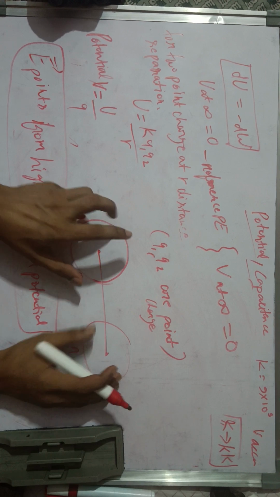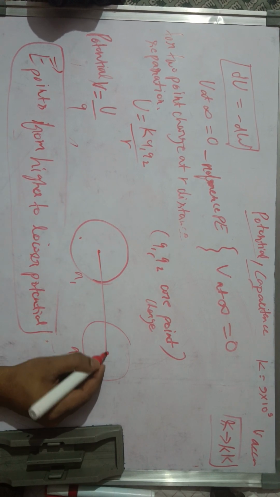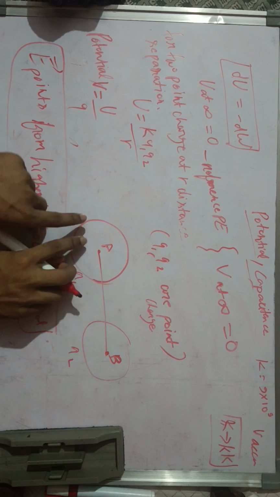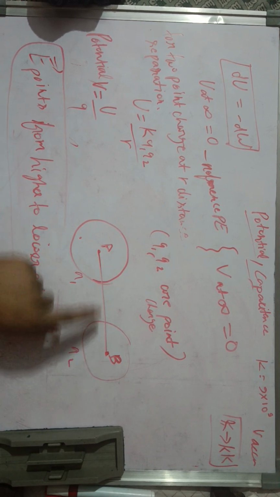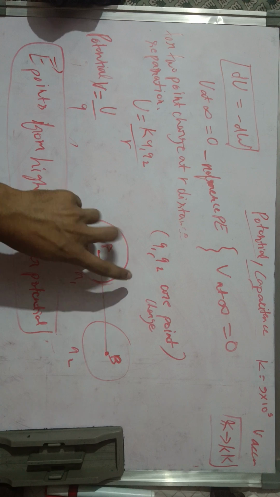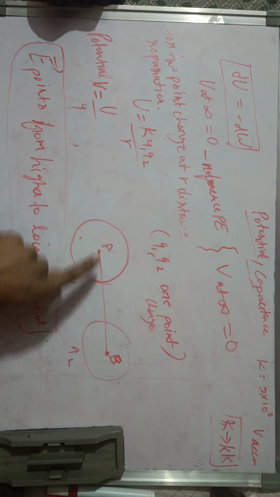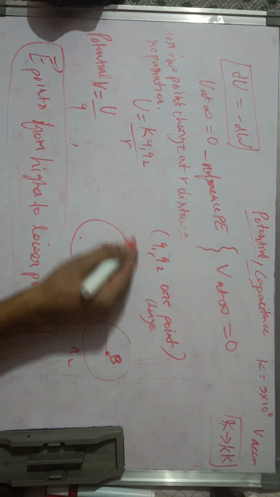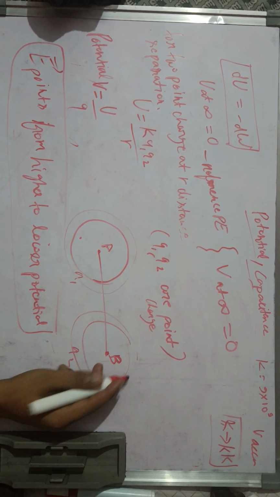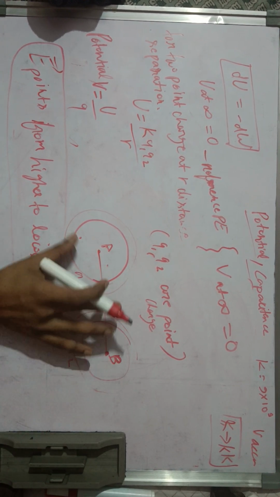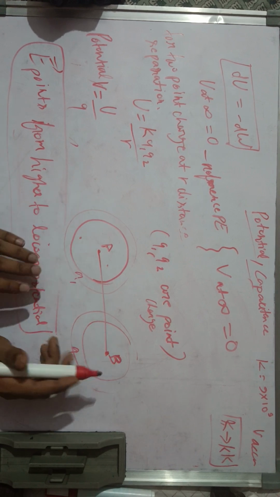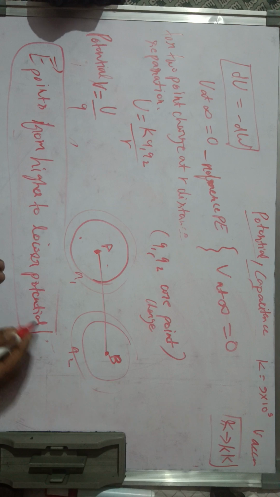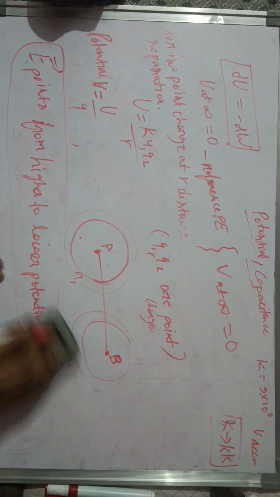Means if they are not coinciding, and this B point and this A point both lie outside the spheres, then in such cases, I can consider this whole body to be concentrated at this point and this body to be concentrated at this point.